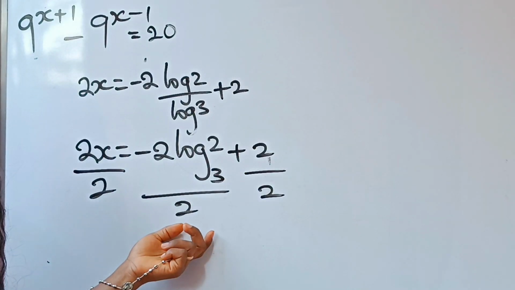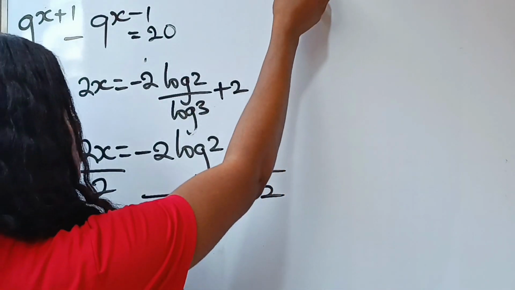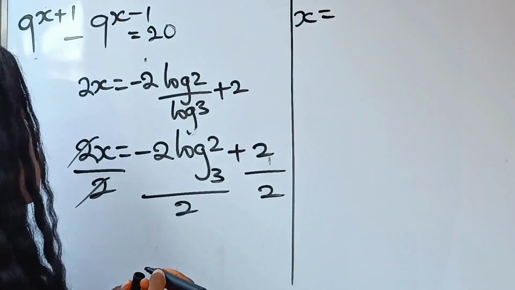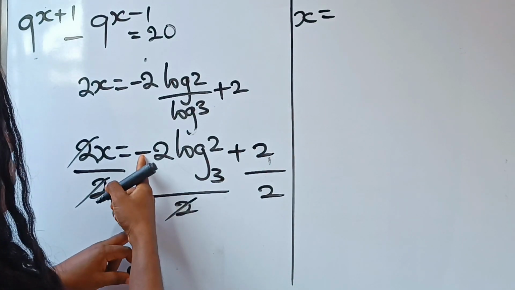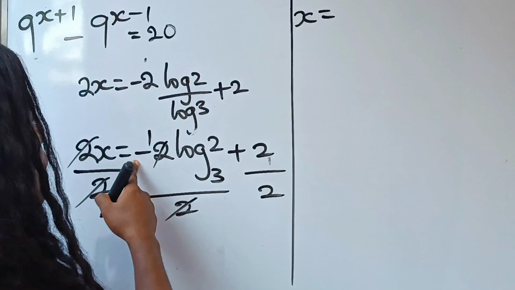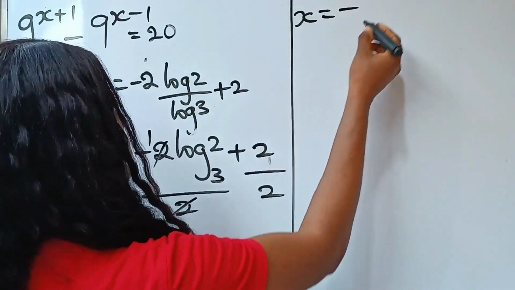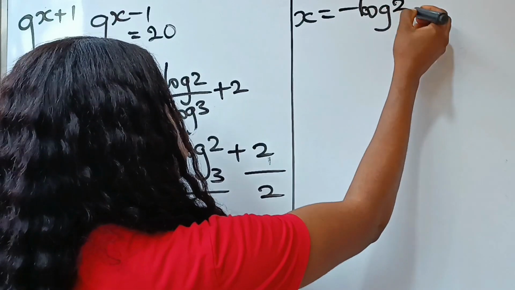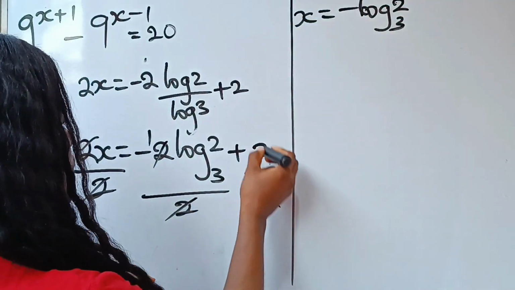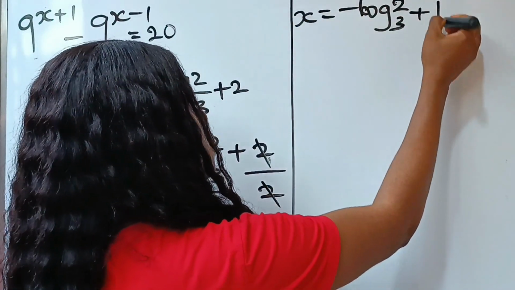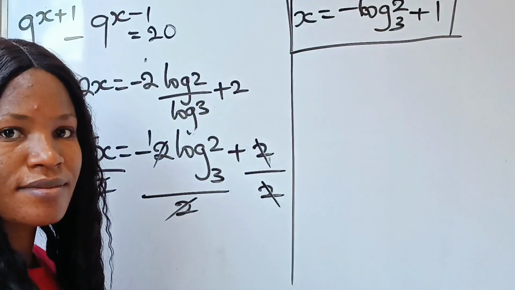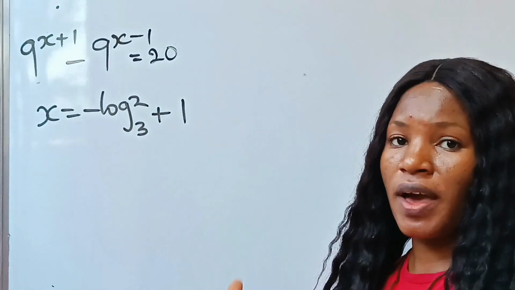All right, now when you look at this, we divide this by 2 to give us x is equal to, now minus 2 and 2 go, we are left with minus 1 here. So we have minus log 2 base 3, and this will also divide to give us plus 1. So this is the value of x that we got.